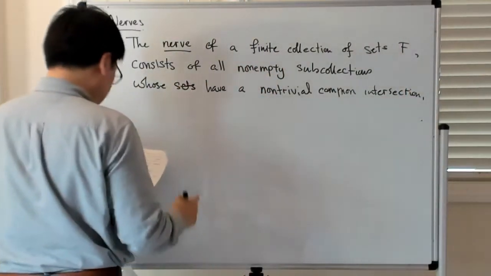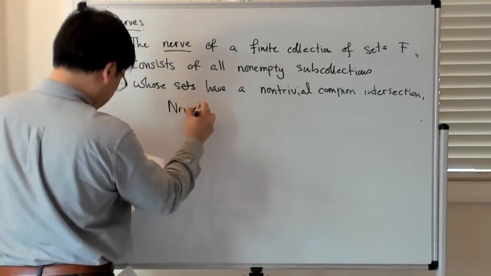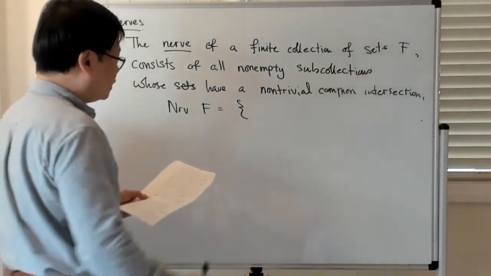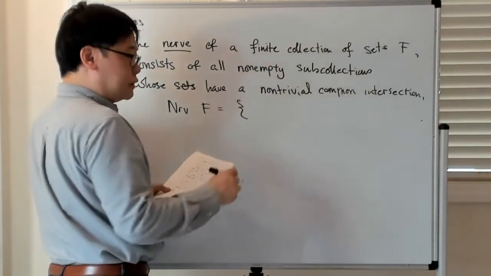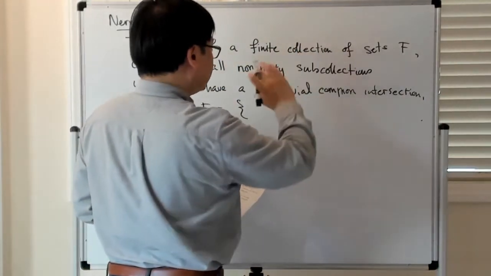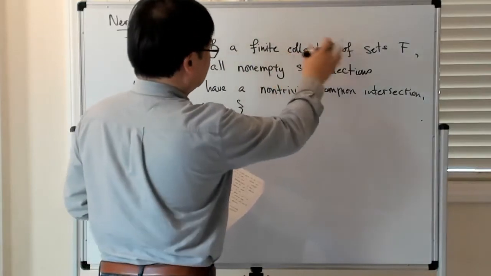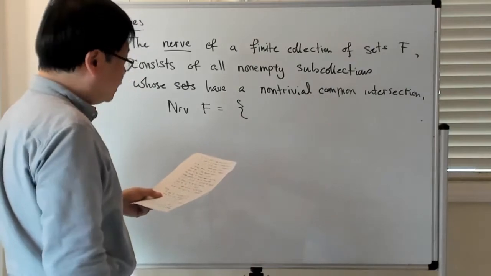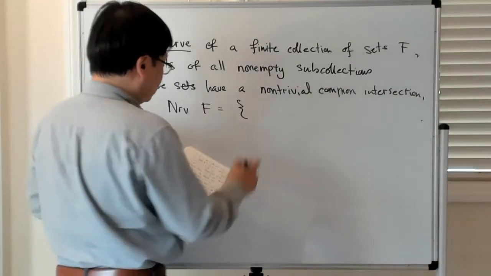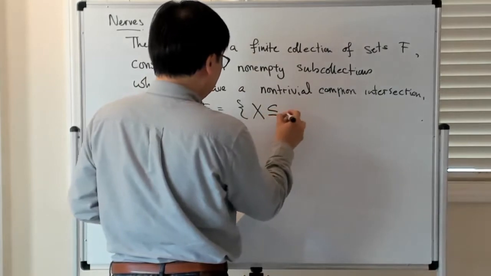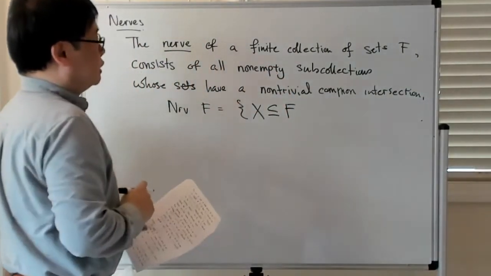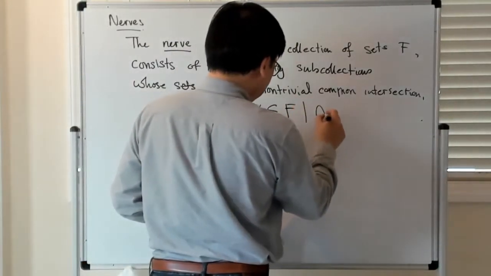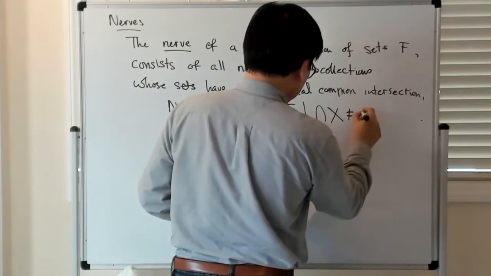So the nerve of F is the collection of subsets, if you will, collections of sets, where when you intersect things in that collection, there's a non-trivial intersection. So X is contained in this collection with the property that the intersection of X is non-trivial.